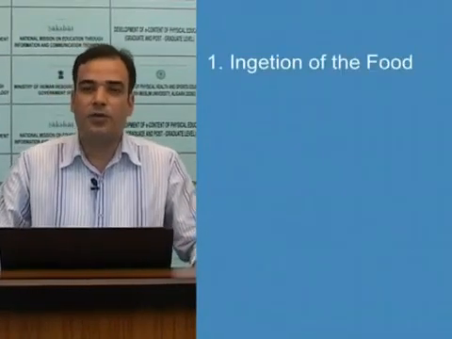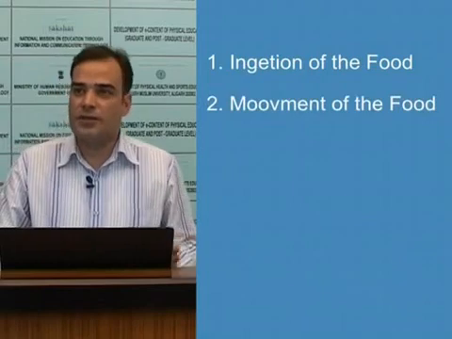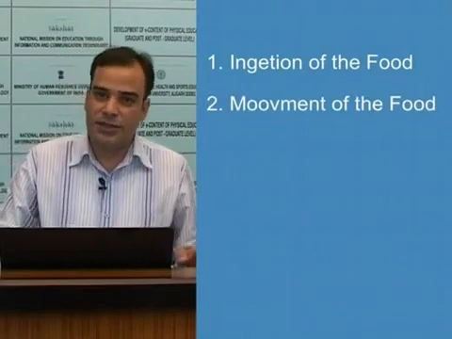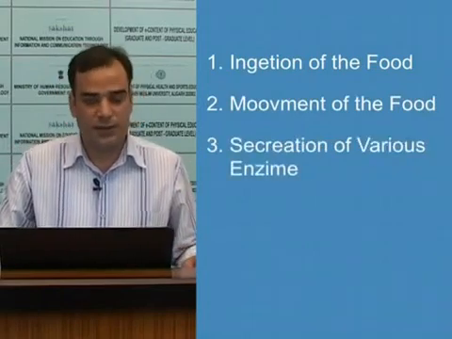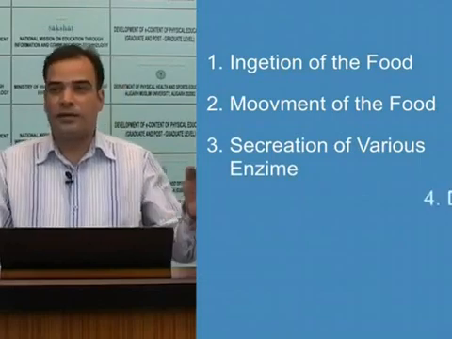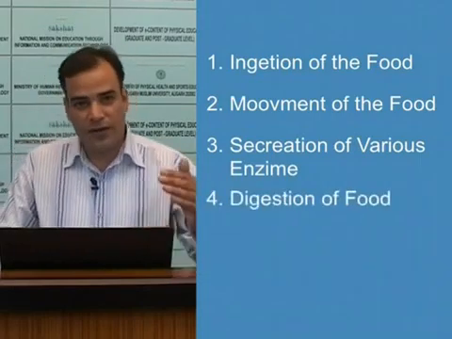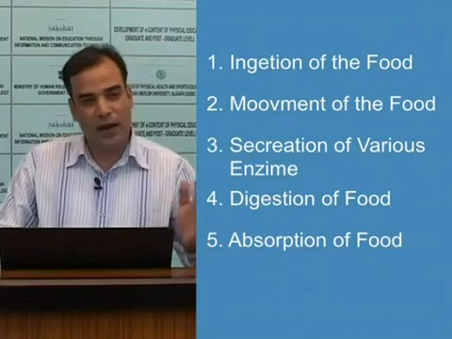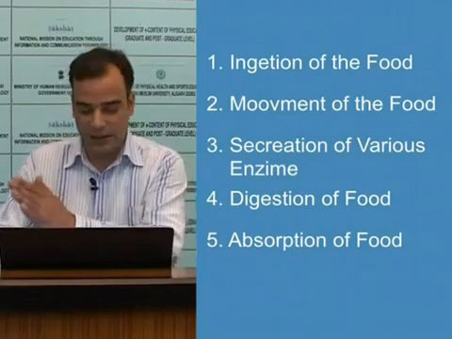So, now if we see the functions of the digestive system, these are ingestion of the food, movement of the food through different parts of the digestive tract, secretion of various enzymes for digestion, finally digestion of the food, after digestion absorption of the food, and at last defecation.